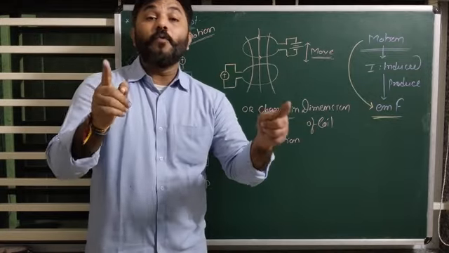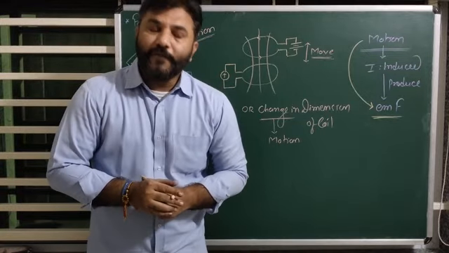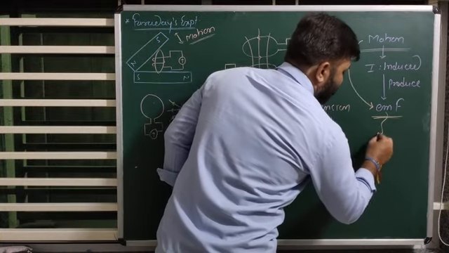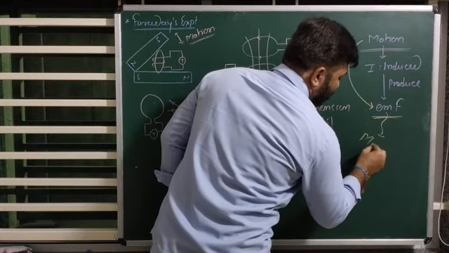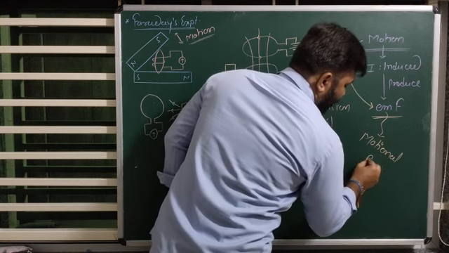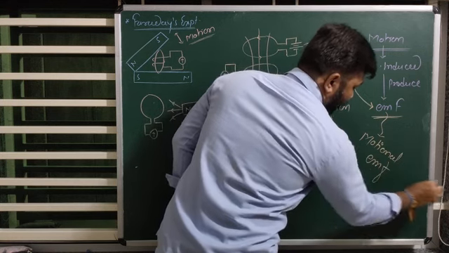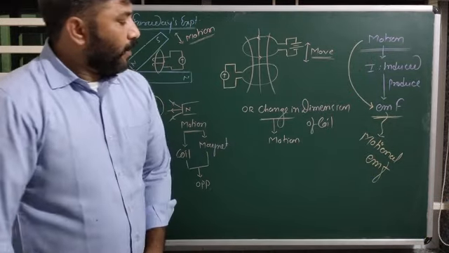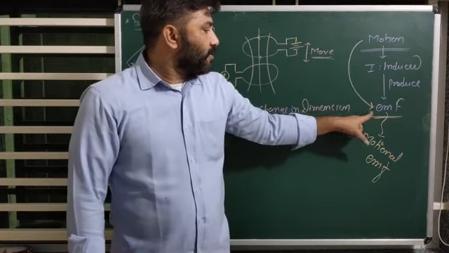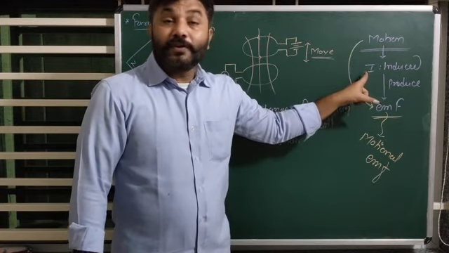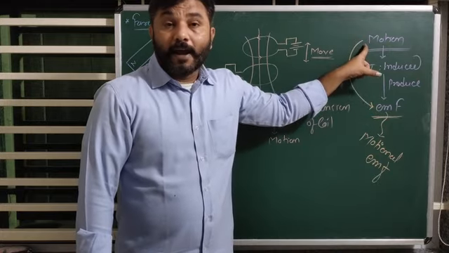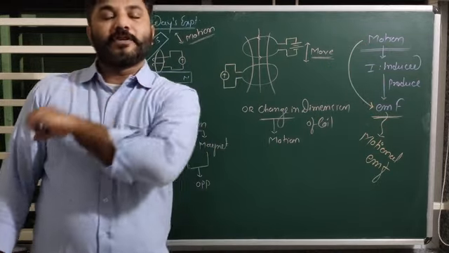So there is one more definition. Which definition? It is about motional EMF, right? What is motional EMF? The EMF produced due to the electric current which is induced by any kind of motion.